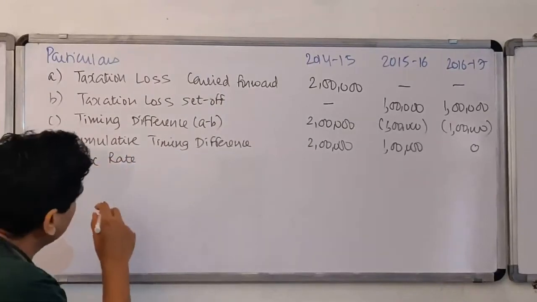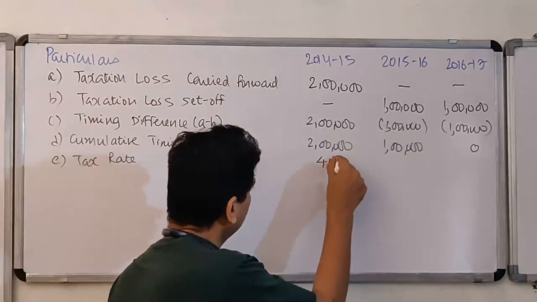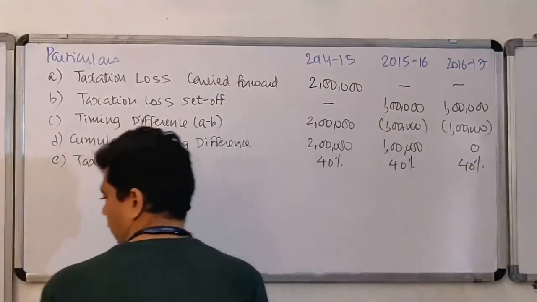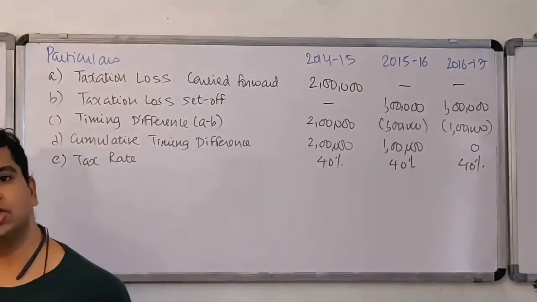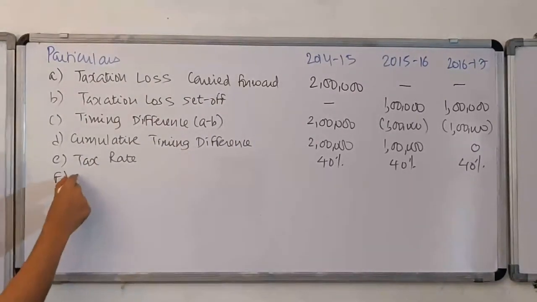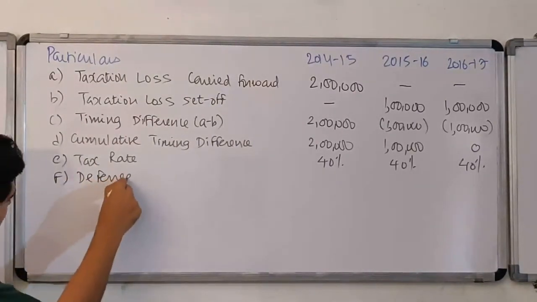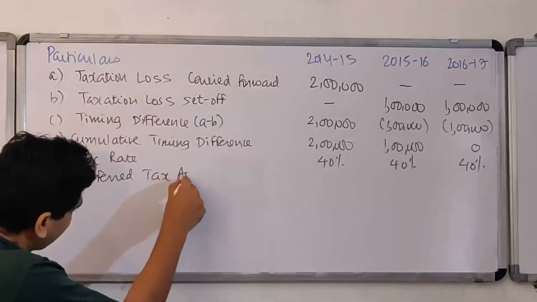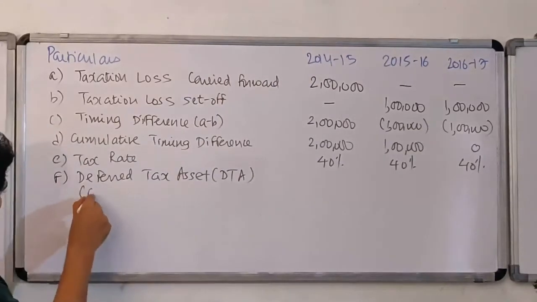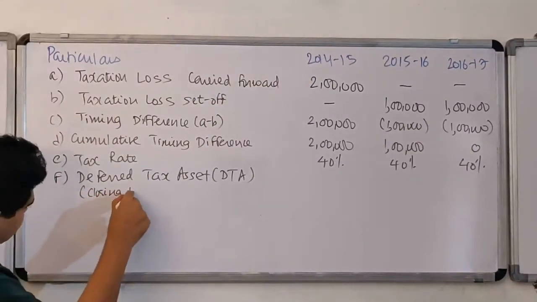Tax rate. Because of taxation loss, you will save tax in future. So this is a very simple case. I have to recognize deferred tax asset, DTA. It's the closing balance.